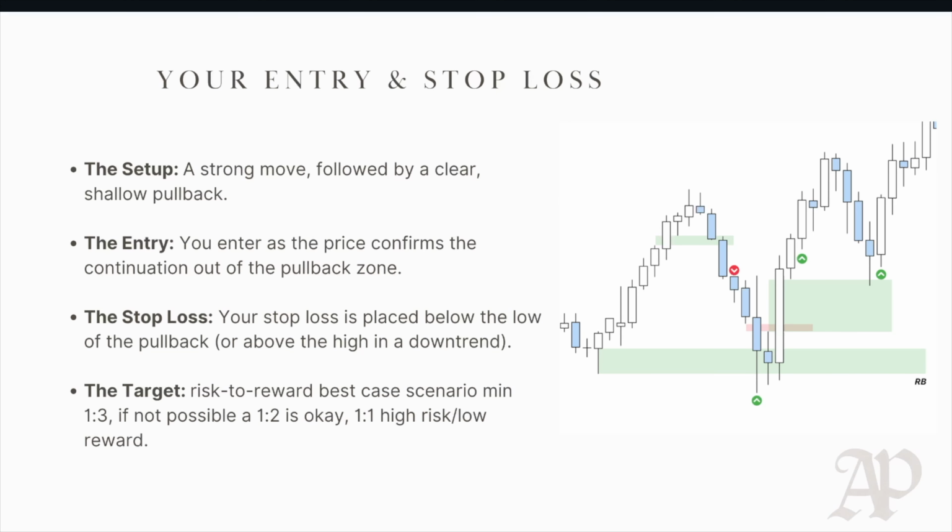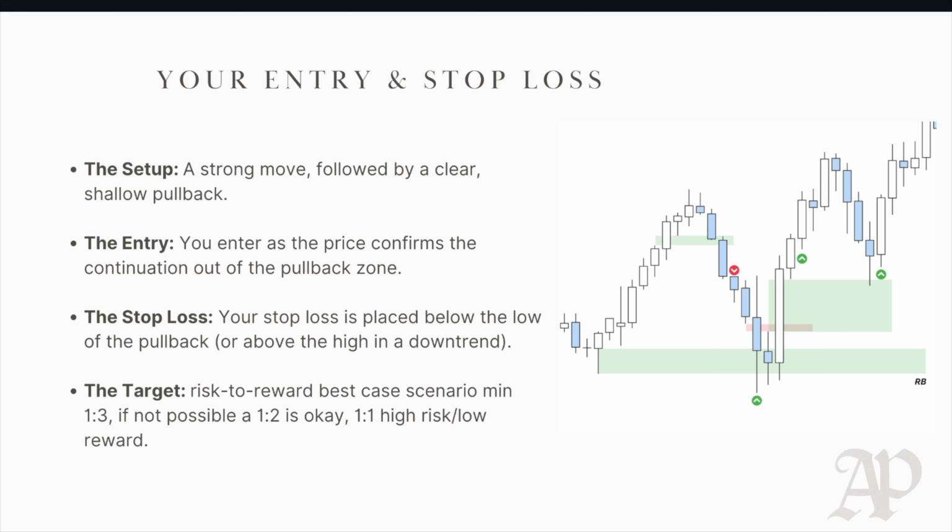So, your entries and stop loss. There are a lot of confluences you can use to find a continuation model, I mean, to enter on a continuation. And the best ones, I'd say, are the Fibonacci 50% zone, or the 79, the golden zone, or the fair value gap continuation.